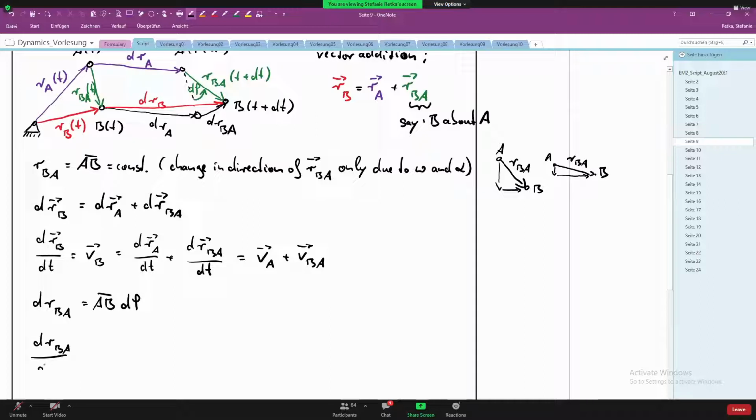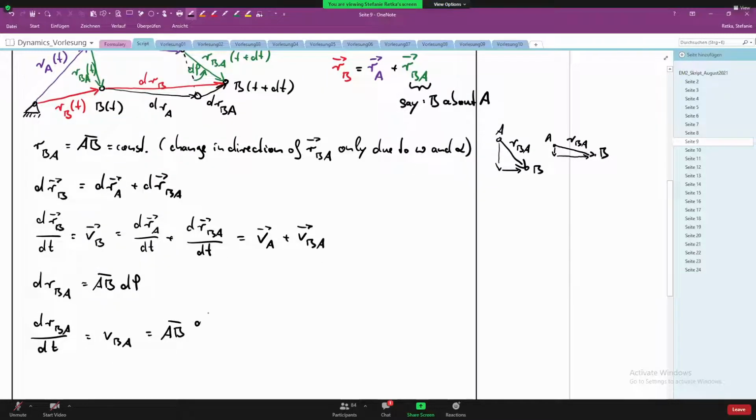Let's have a look at this time derivative. Then AB is constant over time, and we only have to derive the phi dt, and we obtain AB times omega, and that's exactly what we already learned in chapter 1 for circular motion. Velocity due to rotation is radius times angular velocity.